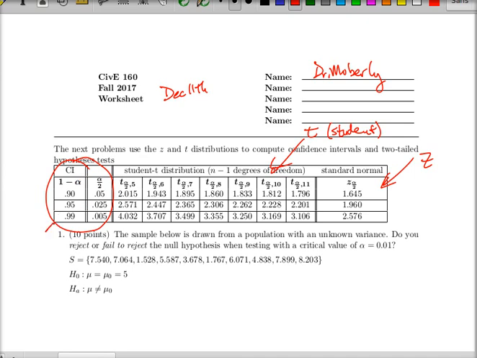So if you're talking confidence intervals and the amount that's left in the two tails, this is the two tails approach, and we're just going to work with the two tails. For the student t, there's also the degrees of freedom, which is one less than the number of elements in the sample.